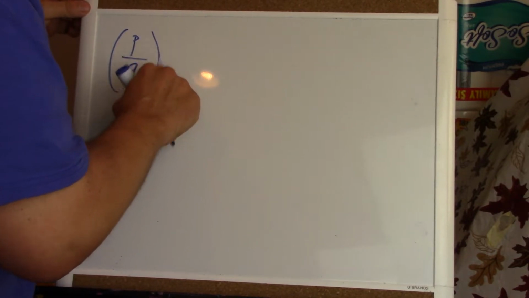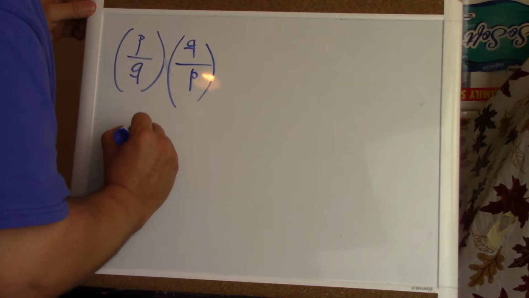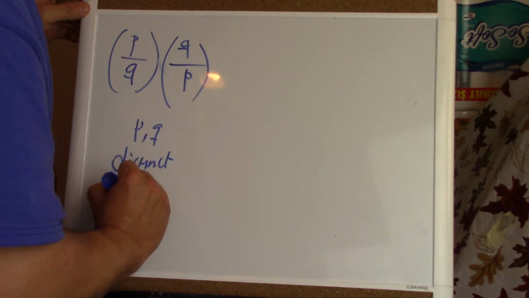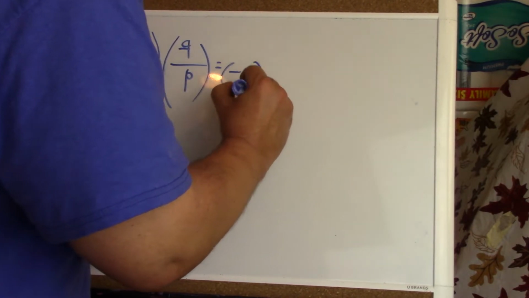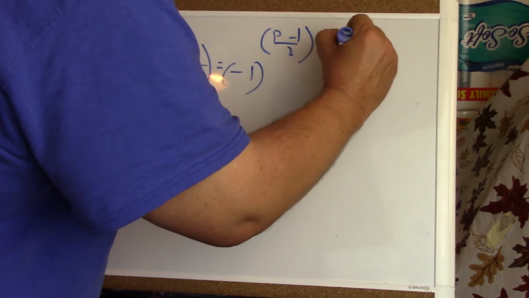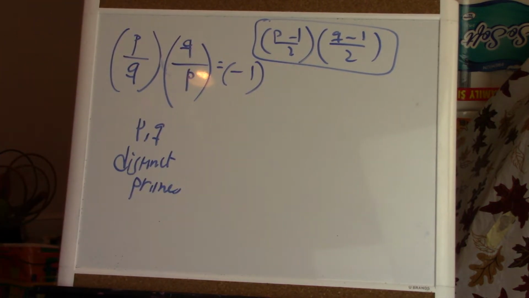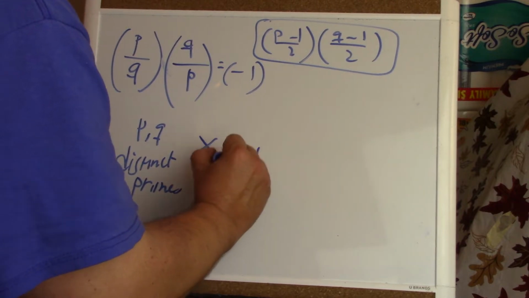It can be written as, where p and q are distinct primes, (p/q)(q/p) is equal to (-1) to the (p minus 1)/2 times (q minus 1)/2. I've mentioned in other videos when I've talked about my progress in the class, it's the whole product. It is not this.